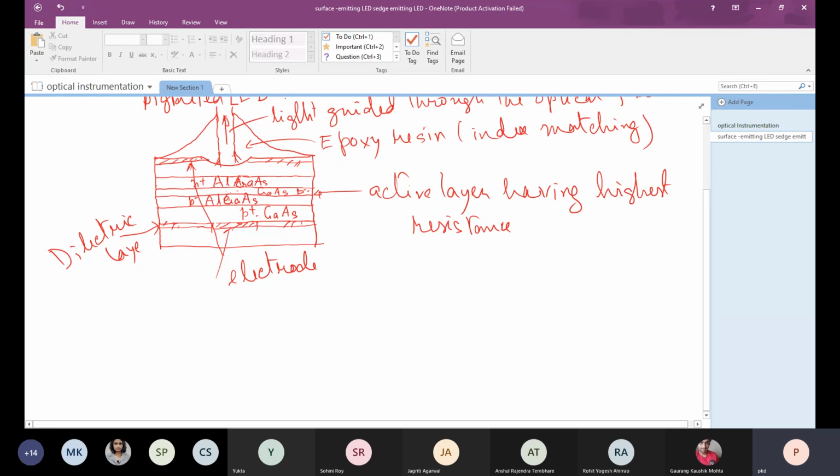So that's why some amount of buffer layer is etched out and filled with epoxy resin, and that epoxy resin filling is done in a manner such that light is focused towards the optical fiber. So that way light is not only guided through this, the light which is also being diffused from this zone will also be coupled through the guided zone. That is because of the basic coupling mechanism.